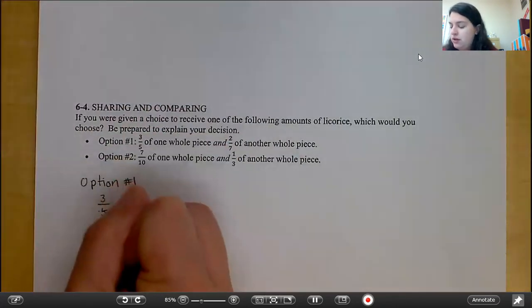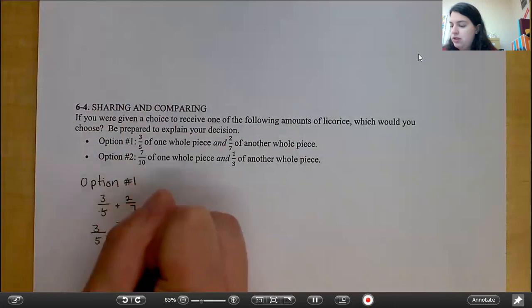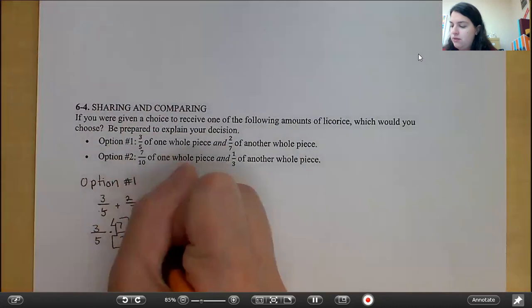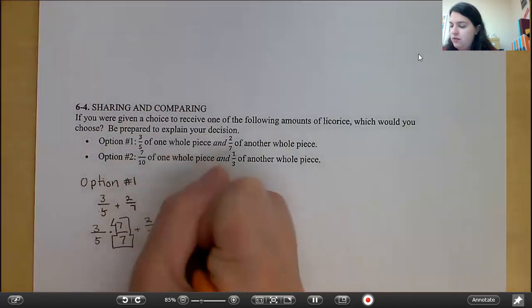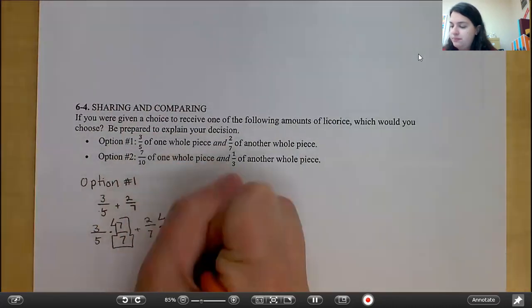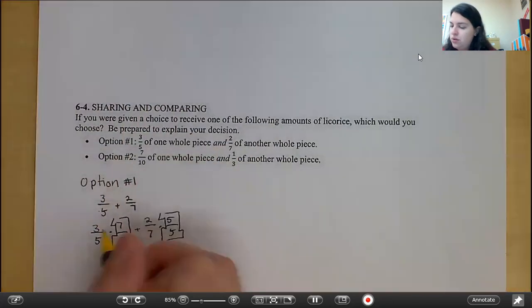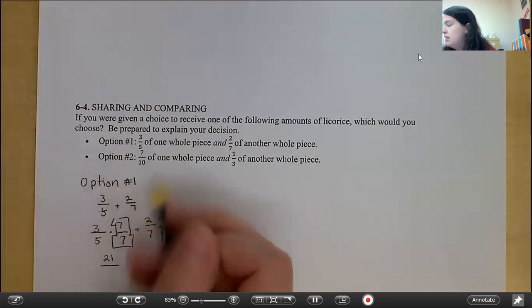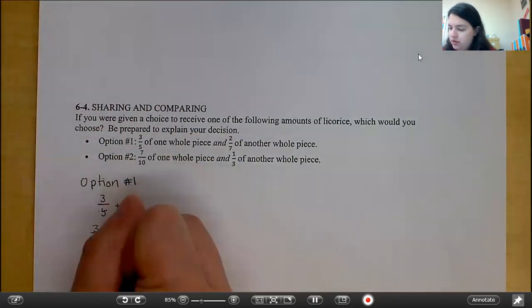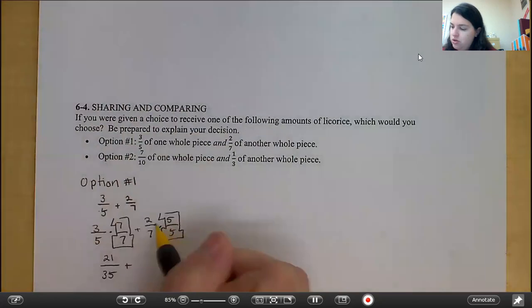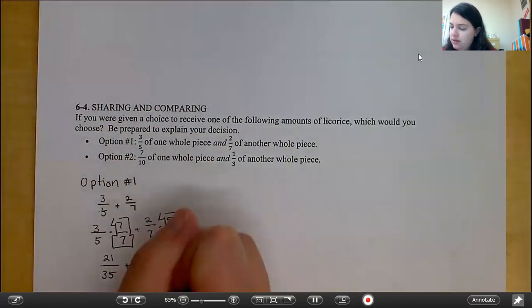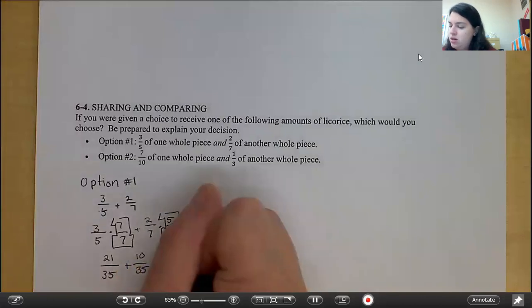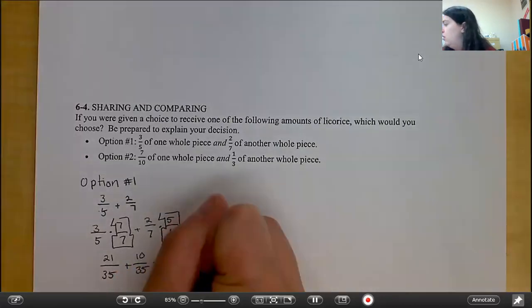So I'm going to do 3/5 times 7/7, my giant 1, plus 2/7 times 5/5. So 3 times 7 is 21. 5 times 7 is 35. 2 times 5 is 10. 7 times 5 is 35. So now adding across, 21 plus 10 is going to give me 31/35.